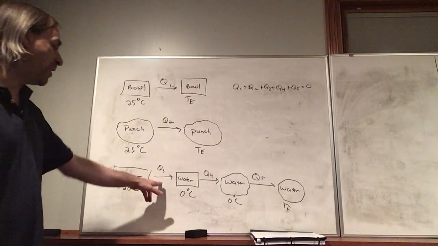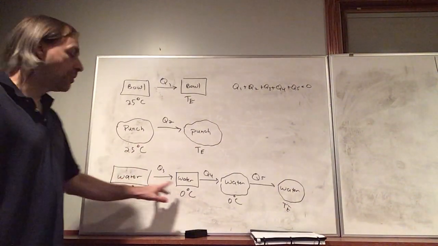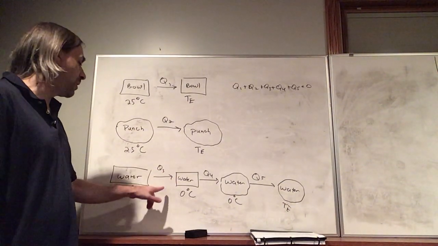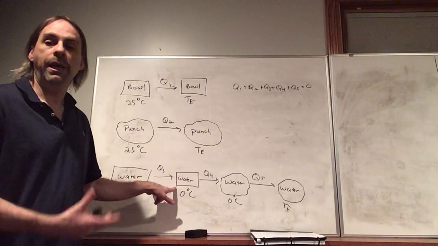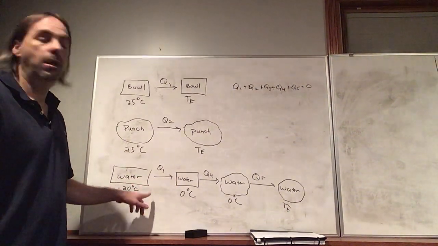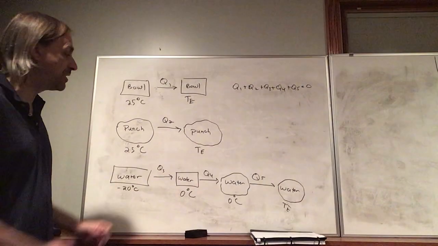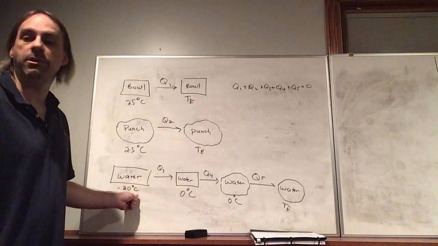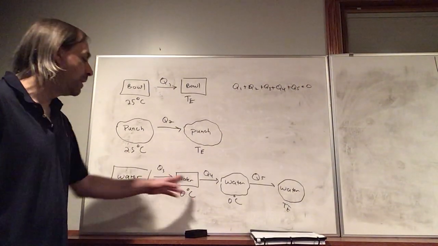And then Q3 is a temperature change, where again, this is ice, a solid form of water. So the C you would use here is 2,000 joules per kilogram Celsius degree. You've got to keep those things straight. And the temperature change is 20 Celsius degrees. We already know what that is.